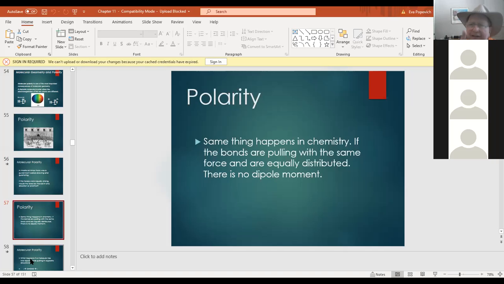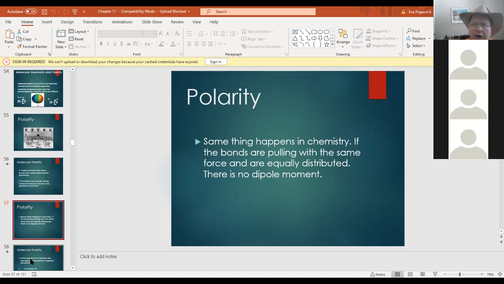And when you look at the entire molecule, you got to analyze it such that you can see that it is asymmetrical. If it is perfectly symmetrical, then like the four horses, they're pulling with equal and opposite force. So the molecule doesn't have an overall negative or positive side because it's evenly distributed.